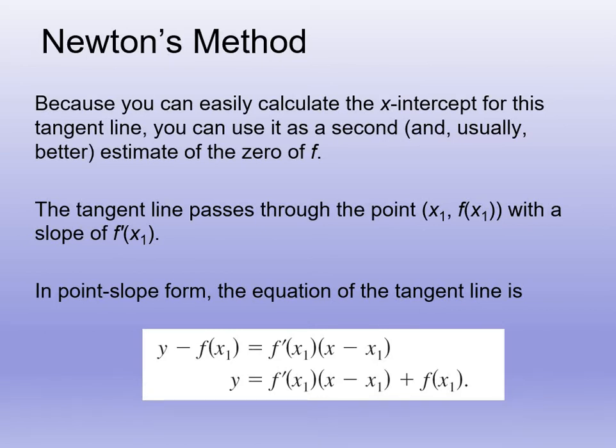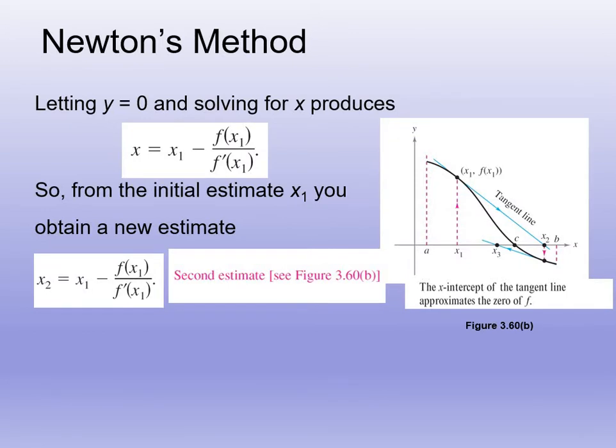It's really just point slope. Let's let y equal 0 and pick an x1 that's close to where we're crossing the zero. Remember, y equals 0 is where we're crossing the x-axis, so we have to make sure we let y equal 0. It's a lot of basic algebra skills.